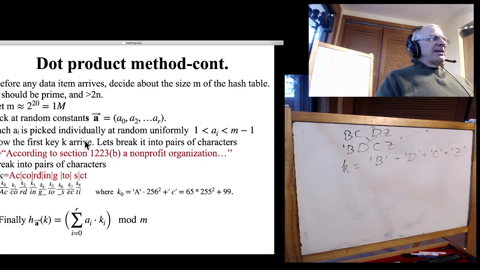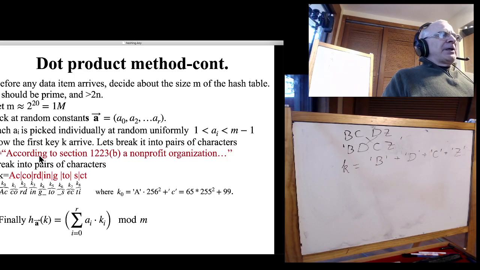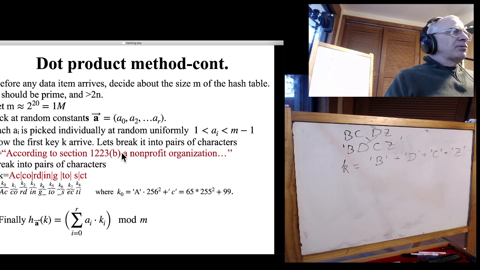Next, there is a key, something that I need to hash that just arrived. And I need to break it into characters, except that now I can pick every character to be a bit larger. I'll show you how I'm going to do it. I picked this wonderful key from the text document that I thought would be interesting to hash. It tells you that according to section 1223, a non-profit organization, and that's where I just stopped copying.